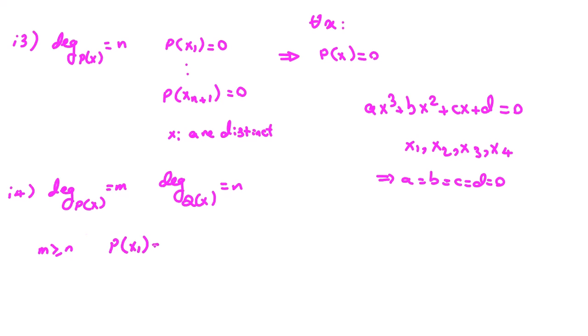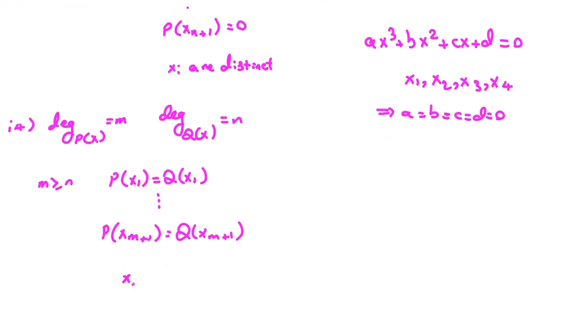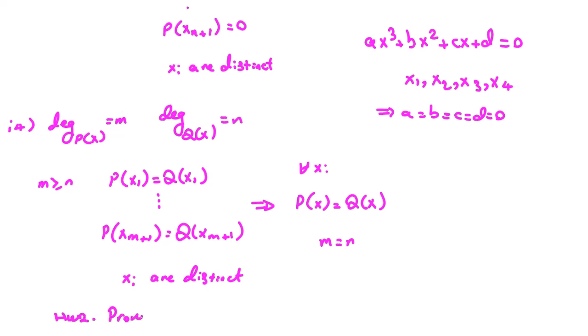Suppose p of x1 equals q of x1, through p of x(n+1) equals q of x(n+1), for more than m values, and suppose the xi's are distinct numbers. Then we can conclude p of x equals q of x completely for all x. All coefficients are equal and m equals n, the degrees are equal. You can prove it by using idea 3. Okay, so let's consider homework 2. Prove this one.